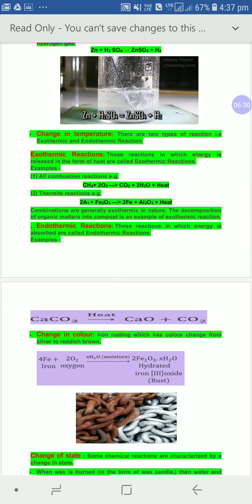When heat is supplied to calcium carbonate, it breaks into calcium oxide along with the evolution of carbon dioxide gas. That means here the reactant is CaCO3, but the products are CaO plus CO2. When from a single reactant two or more products are formed, the reaction is a decomposition reaction. Clear? If heat is absorbed, then it is known as an endothermic reaction.